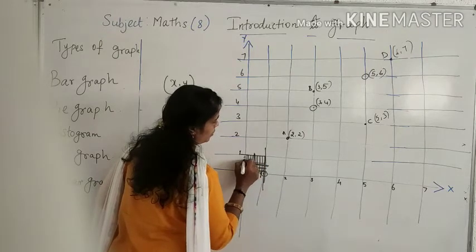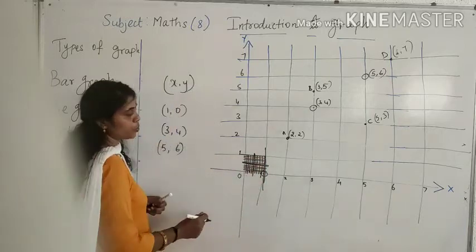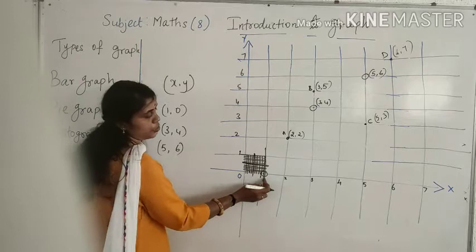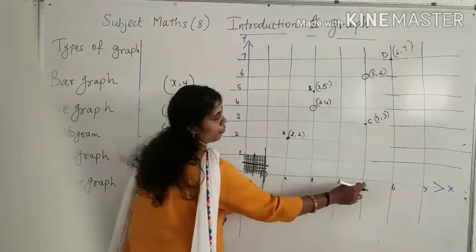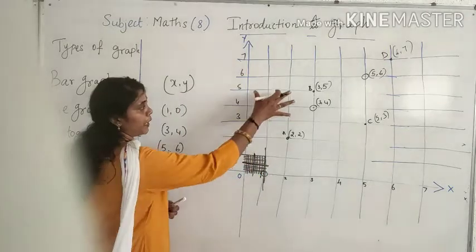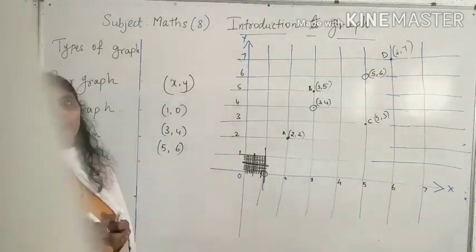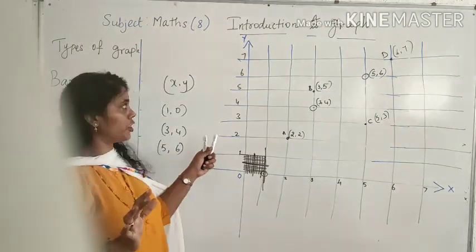And then 8, 9, so this is called one complete unit. Each one is a unit: first unit, second, third, fourth, fifth, sixth. If you practice this, then you can easily mark points on the graph. I hope this video is clear for you about the introduction of graphs.